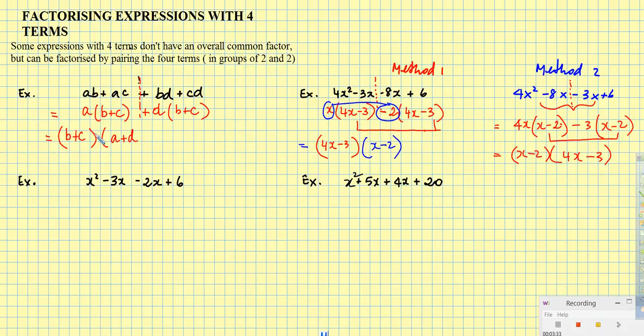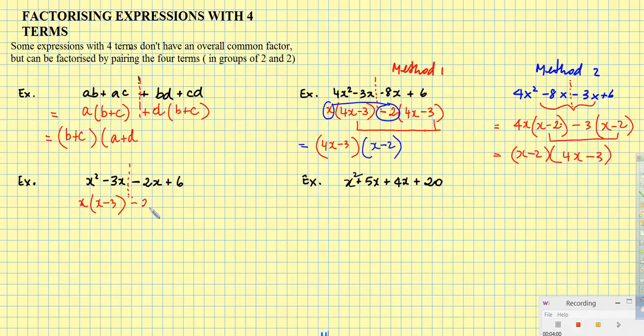Alright, let's try a couple more. I've got x² - 3x - 2x + 6. So we're looking at 4 terms. There's nothing common to all 4 of them, so we're going to split this into groups of 2 and 2. I can only remove an x in the first half, so I've got x - 3 left over.